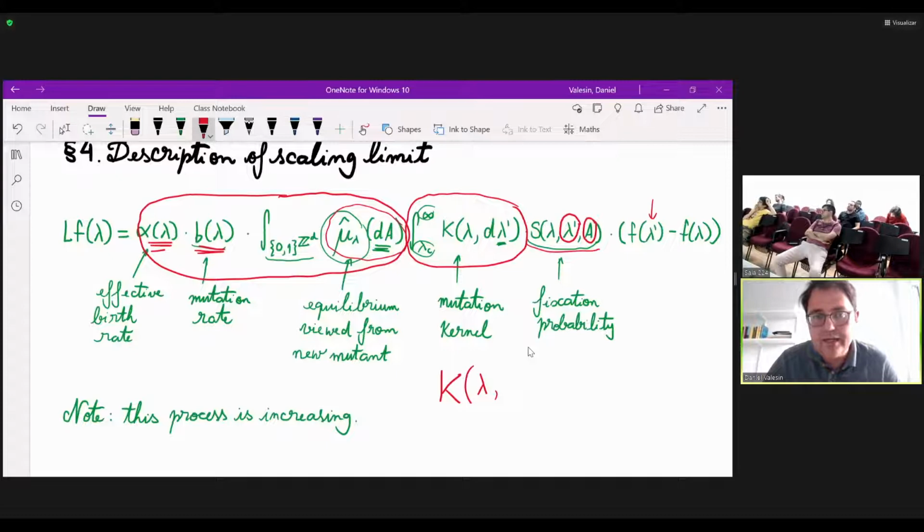That's why the limiting process is increasing, even though the Z_n(t) process is not necessarily increasing.